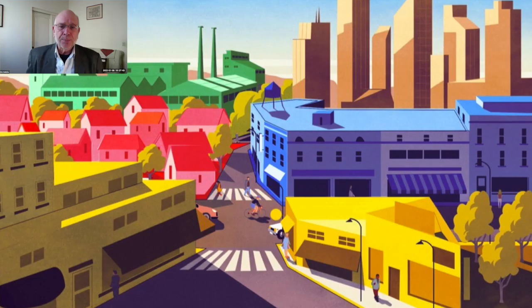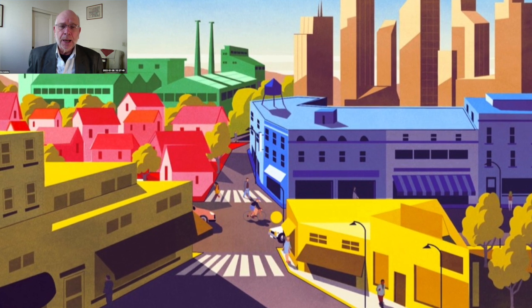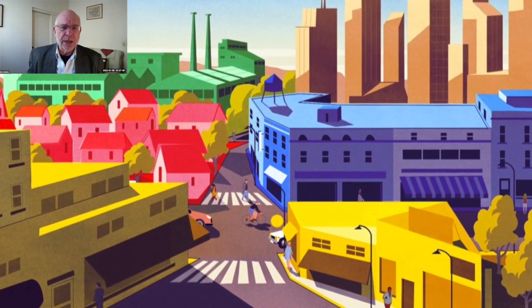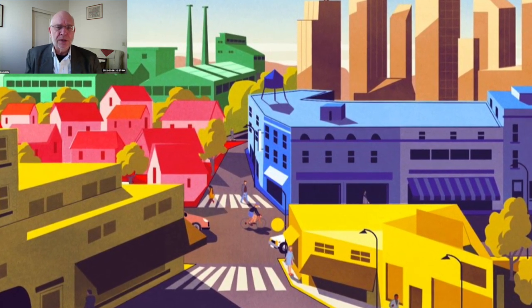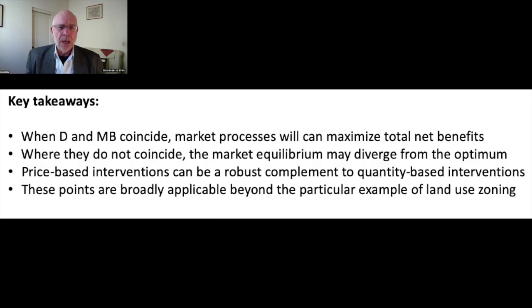If we can get an understanding of what those underlying market failures are, then we can look to address those directly. So that brings us then to a conclusion of this presentation, and just to remind you of what some of the key takeaways are.